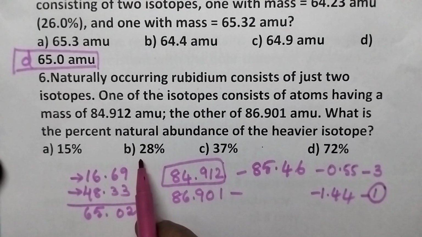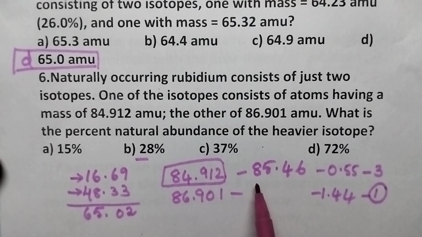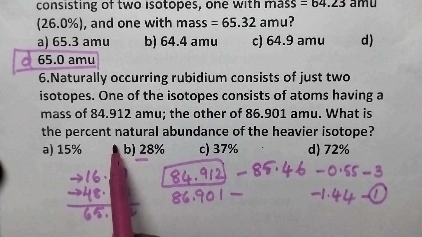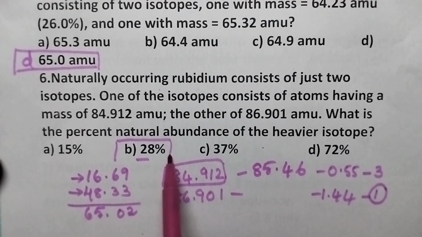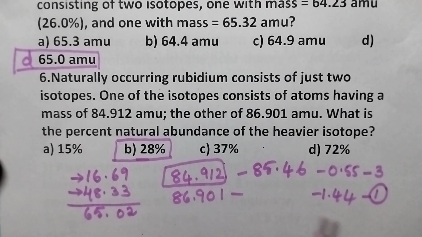Here in this case, let us check 28%. If the contribution of the heavier isotope is 28%, then it accounts for the natural abundance, that is 85.46. So in this case, option B, that is 28%, is the right answer.